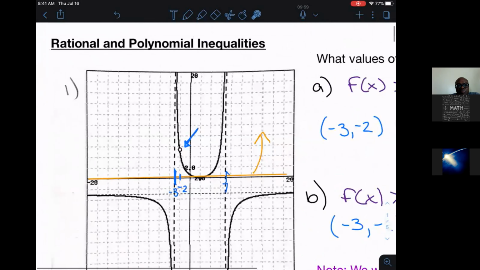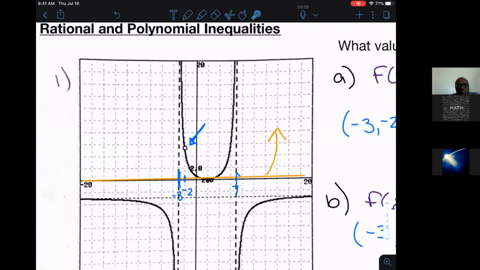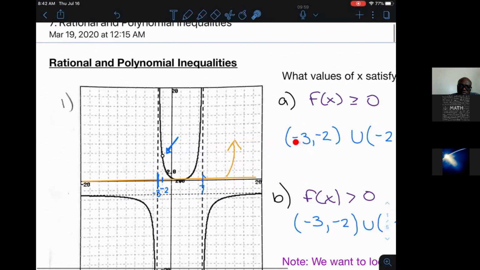Let's write this from left to right. We're writing our interval from left to right. The x values where the function is greater than 0 start at the leftmost x value, which is -3. So it's going from -3.